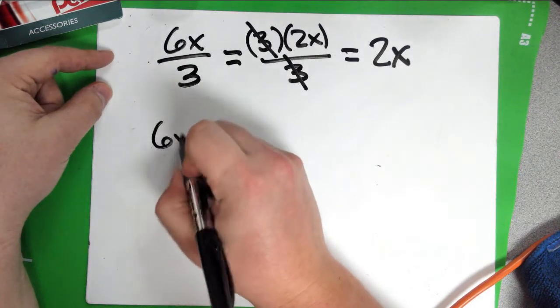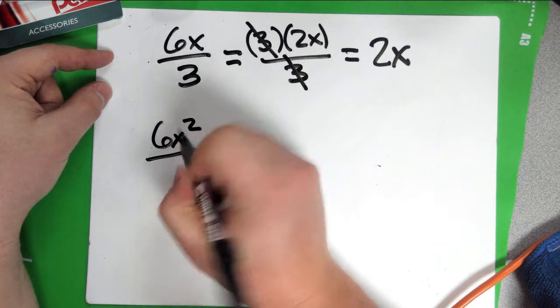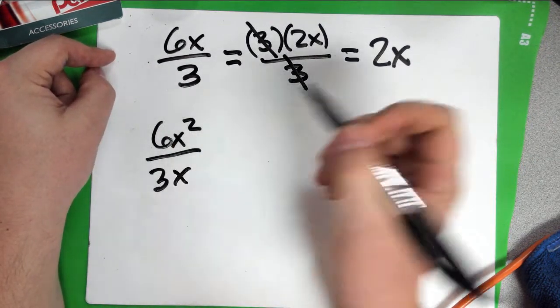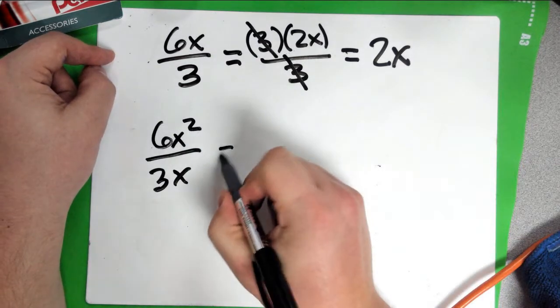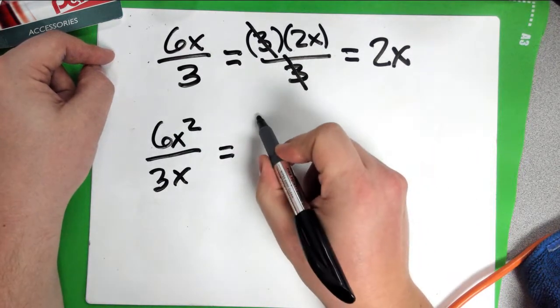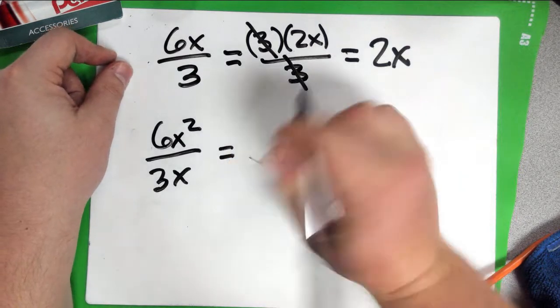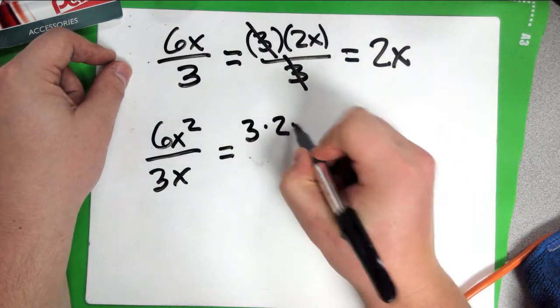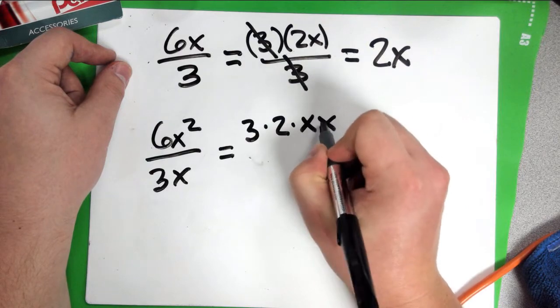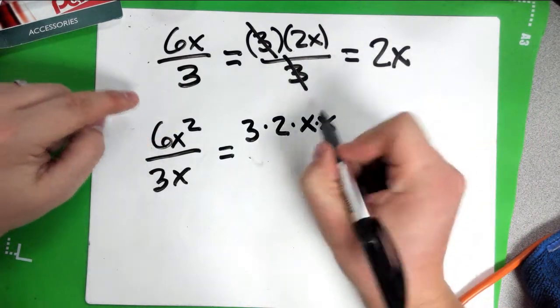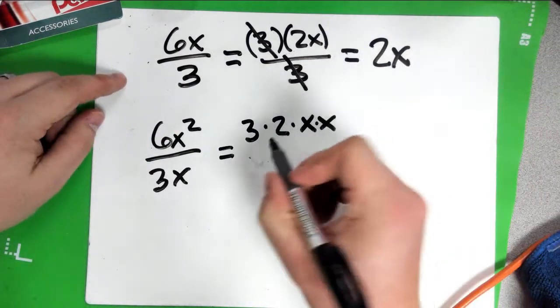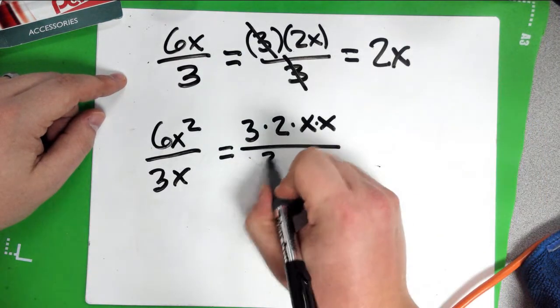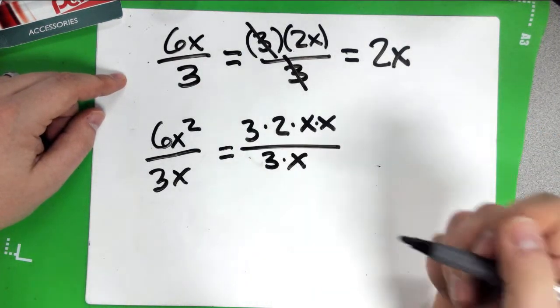I've got 6x squared divided by 3x. Okay, now 6x squared is really 3 times 2 times x times x, because x squared means that we're multiplying two x's together. Now right here on the bottom, it's 3 times x.